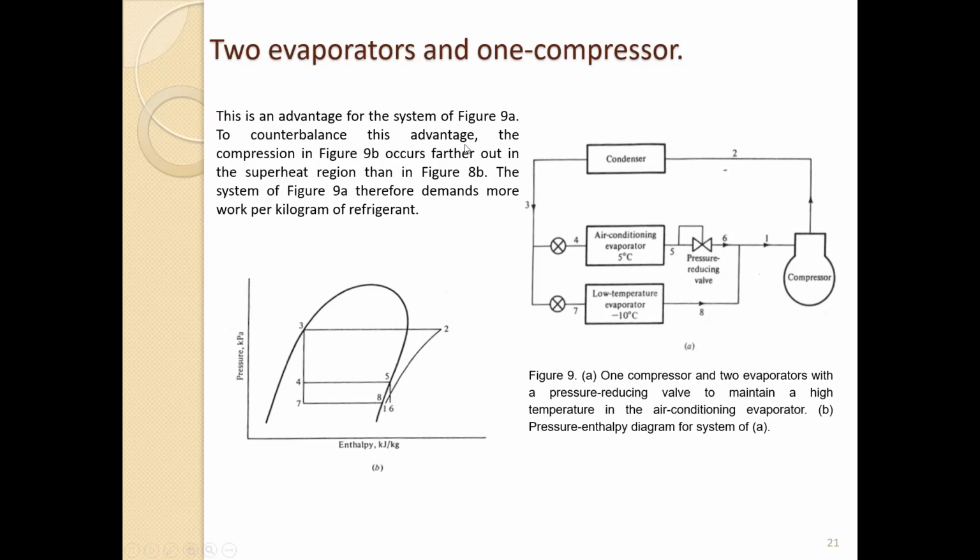To counterbalance this advantage, the compression in figure 9B occurs further out in the superheat region than in figure 8B. The system of figure 9A therefore demands more work per kilowatt of refrigerant.